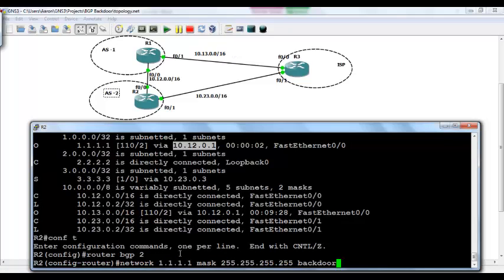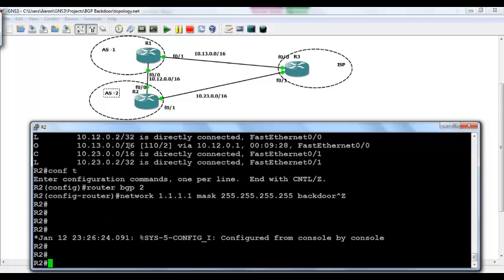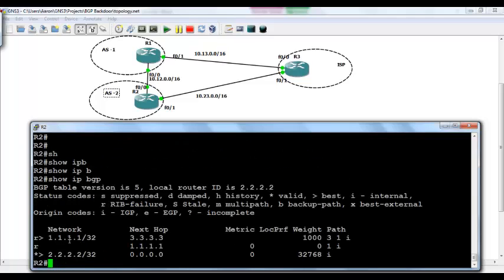For the incoming network, you give backdoor. Even though OSPF's administrative distance is bigger, the OSPF route will be honored by the control plane. Show ip bgp. I can see here 1.1.1.1 is being learned from R3, but it is not used. Though it is given by R3, it is used via OSPF.